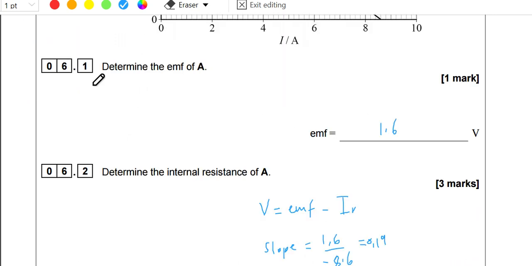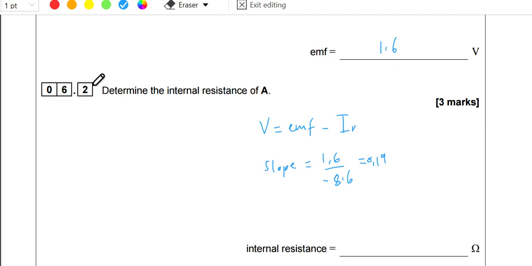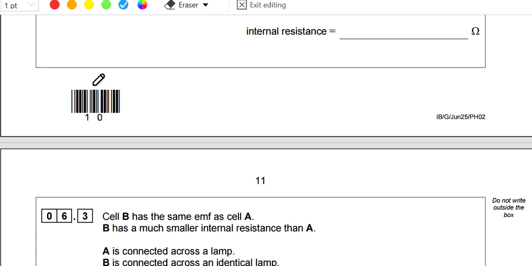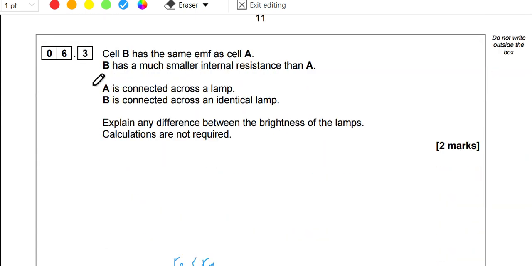So the EMF is 1.6, and the slope, as I said, is R, small.